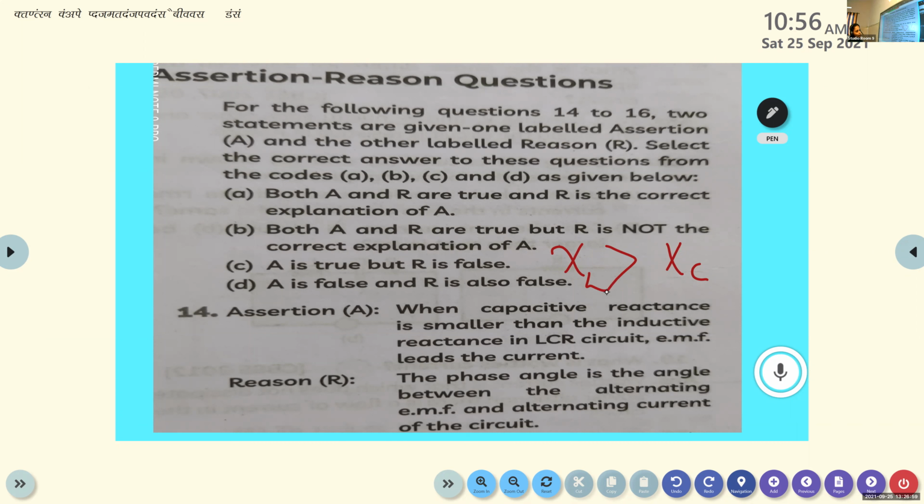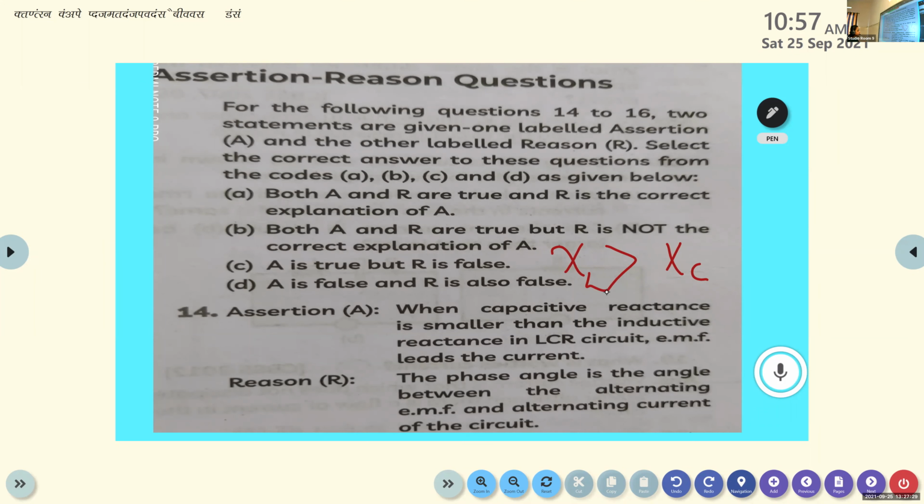Is it correct or incorrect? Incorrect? X_L is greater than X_C means it is the case of an inductive circuit, a purely inductive circuit.